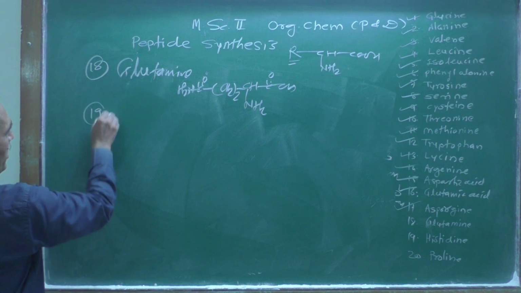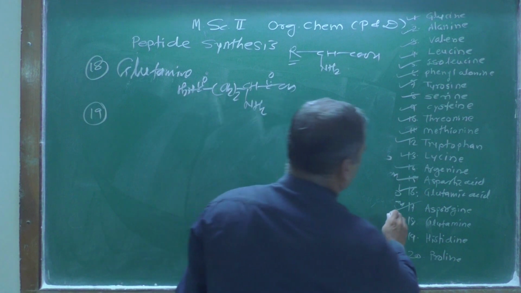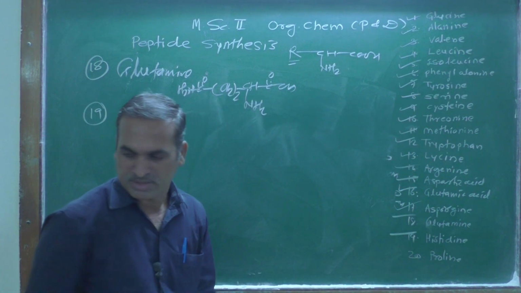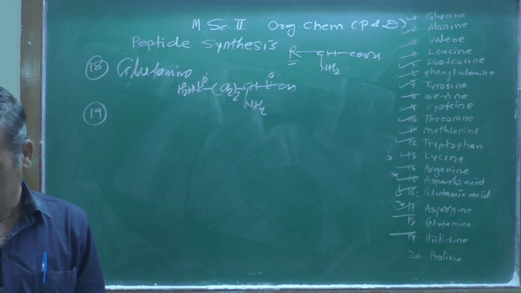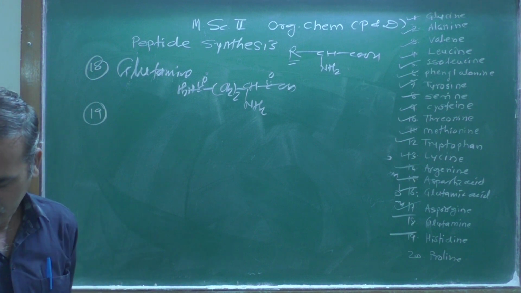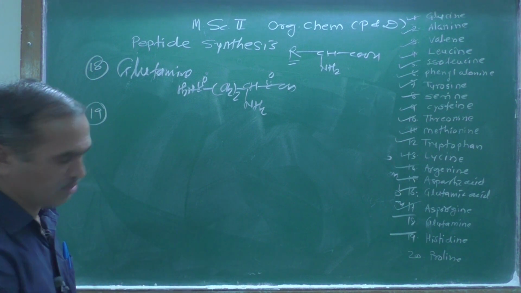Now is number 19, that is histidine. Histidine is one of the amino acids.